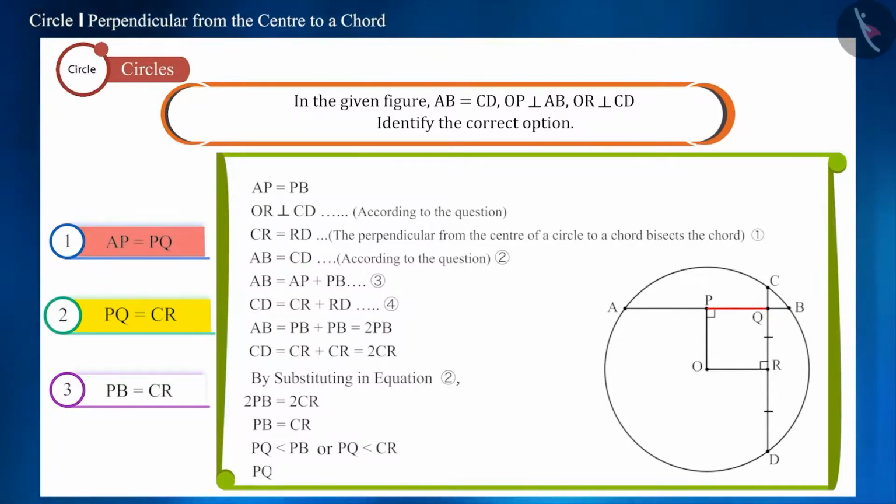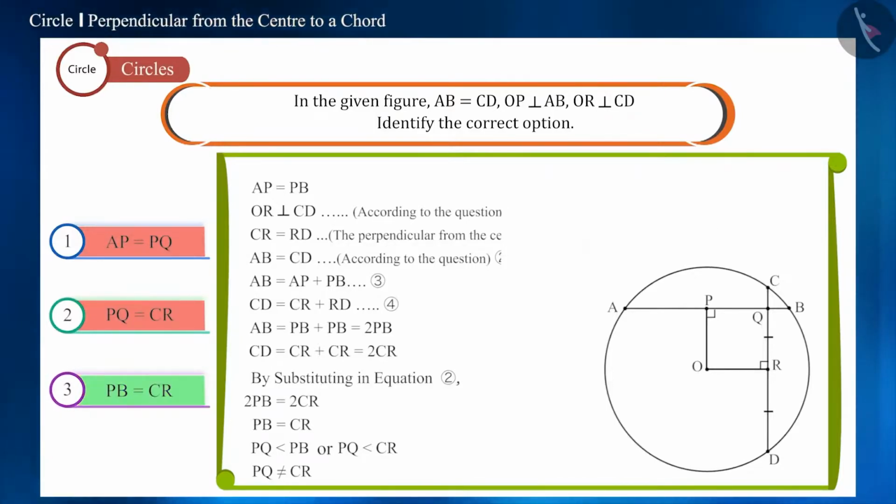Therefore, PQ cannot be equal to CR. This means this option is also incorrect. Friends, pay attention here. We get that PB is equal to CR, and this is our third option. That is, our third option is correct.